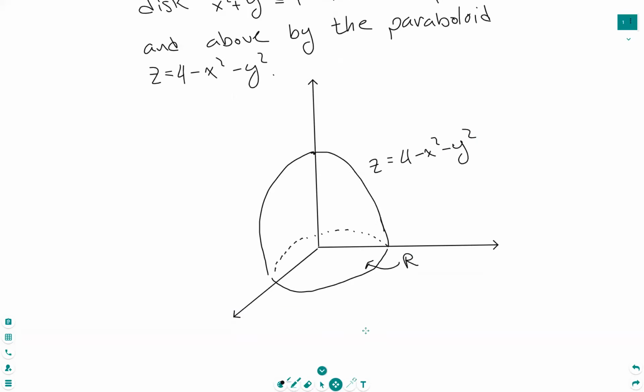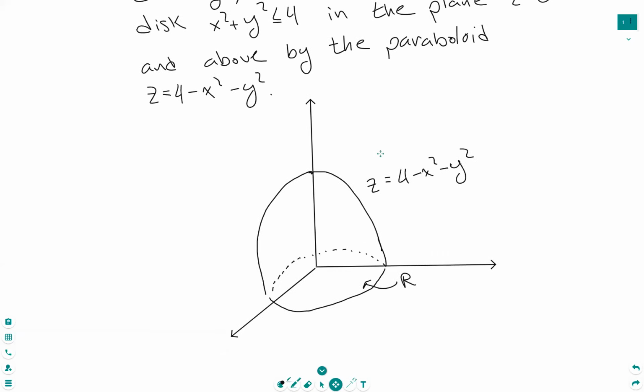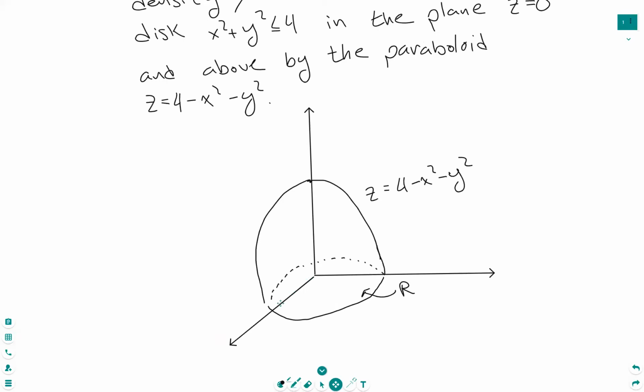Okay, so again, let's put our engineering hats on and see if we can save ourselves some work. This is constant density, right? So if I look at this object across the YZ plane, it's the same on either side, which means the mass should be the same on either side if the density is uniform, which means that the center of mass in that direction should be y equals 0. Same thing goes with the x direction.